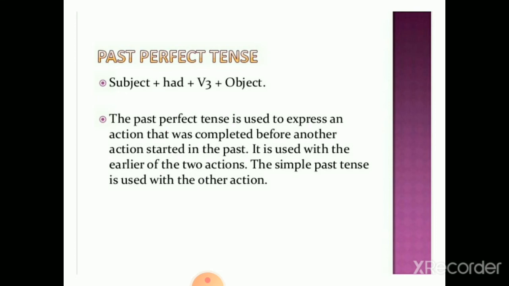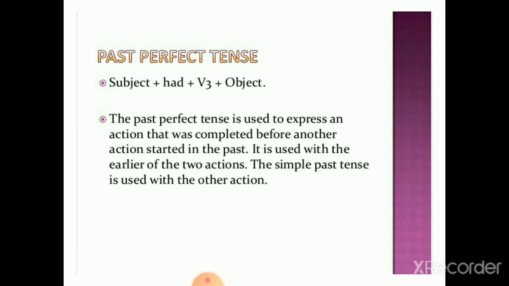It means past perfect tense is used for the action that happened prior, or that happened before another task. For the first action that happened in the past, we will use had plus the third form of the verb. It means past perfect tense. And for the second action, we have to make use of the second form of the verb.